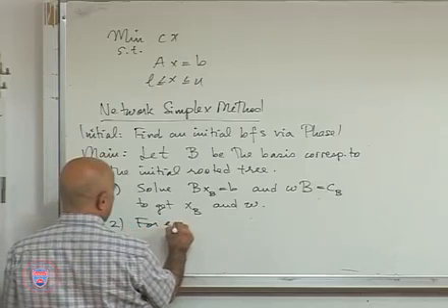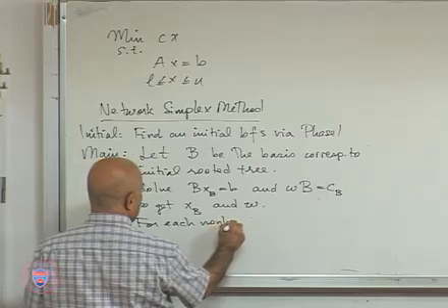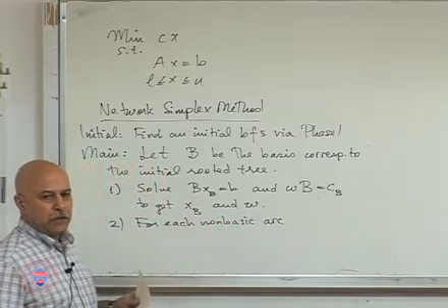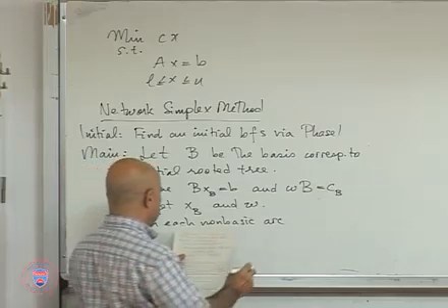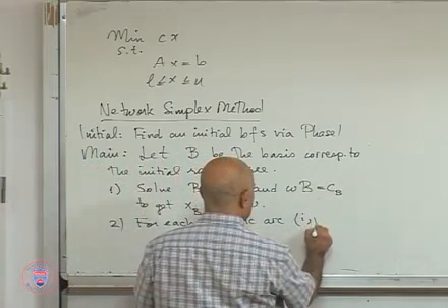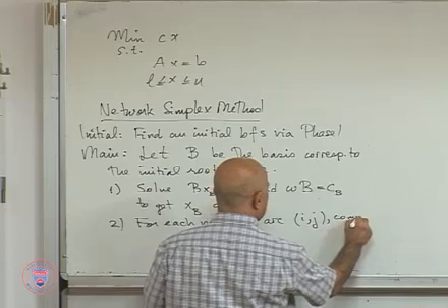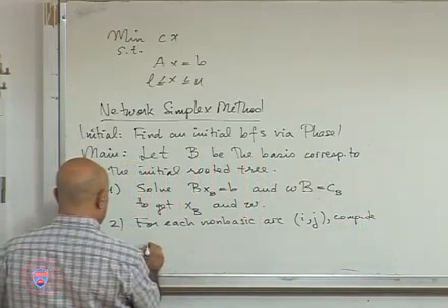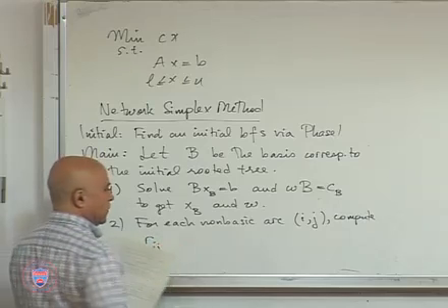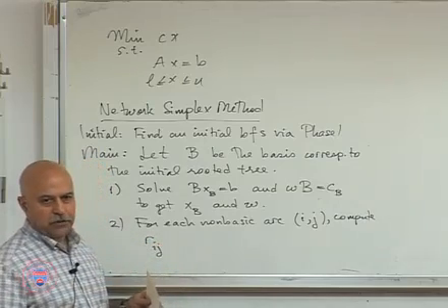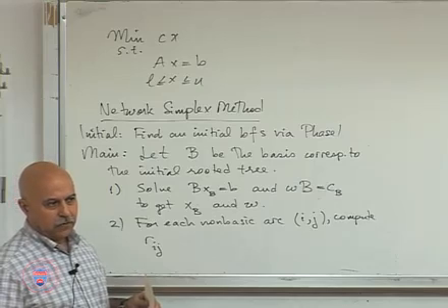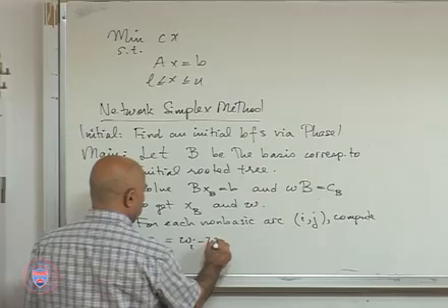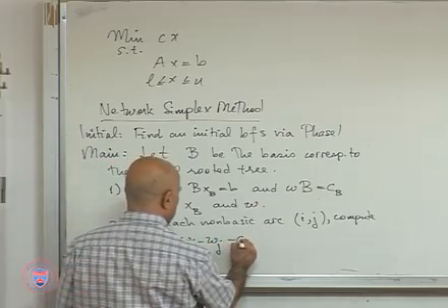For each non-basic arc, non-basic arcs being those that are not in the tree, compute the reduced cost Rij, which is defined by w times the column associated with ij minus cij, which reduces to wi minus wj minus cij.